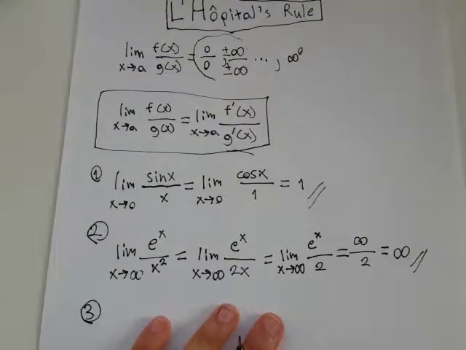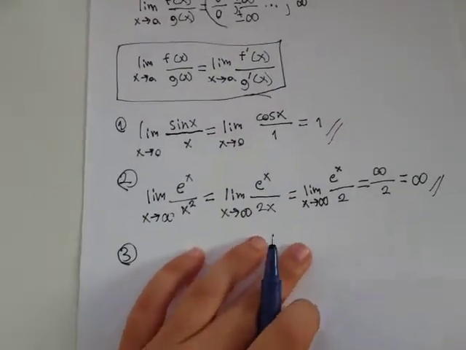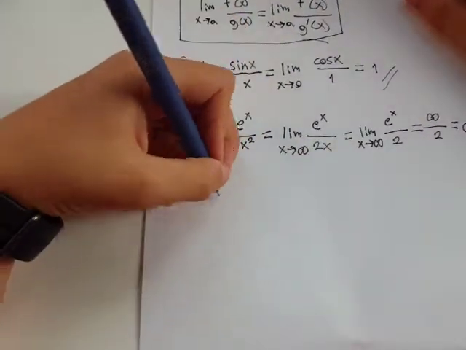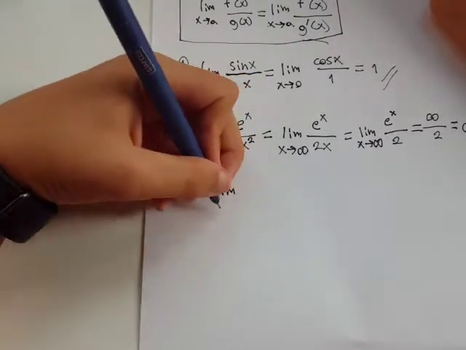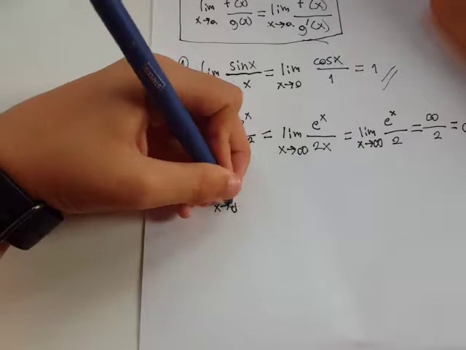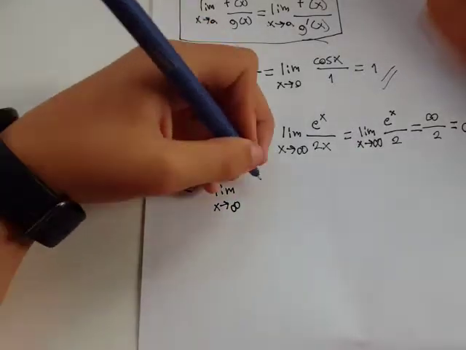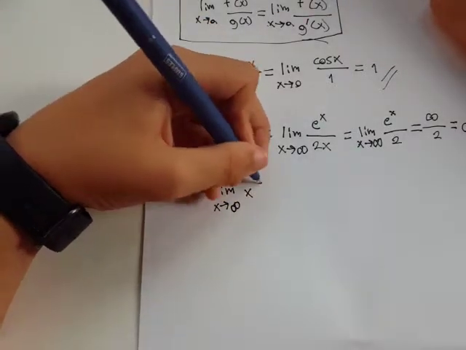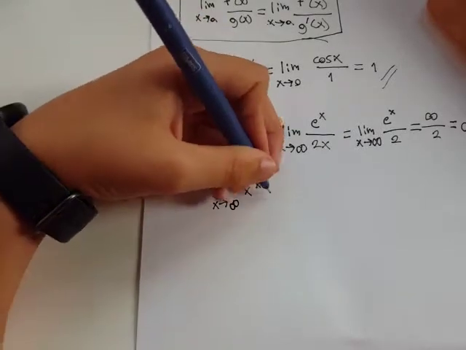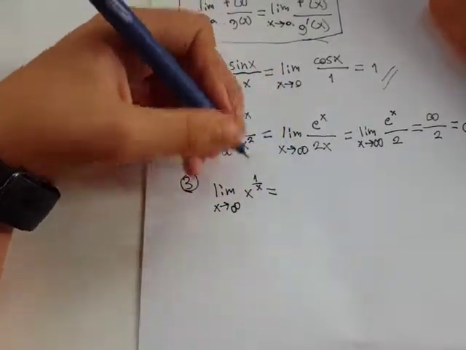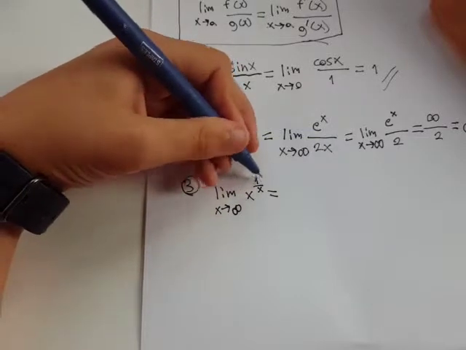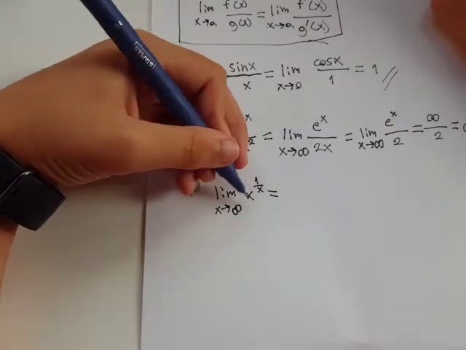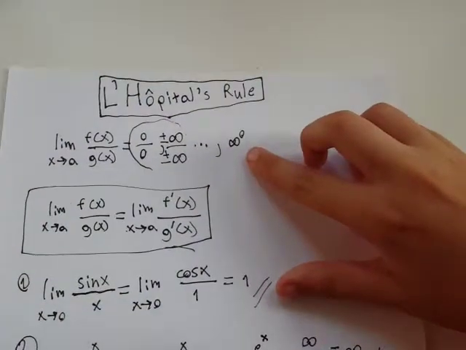So we can use L'Hopital's rule again, but a bit differently. Our limit is the limit as x approaches infinity of x to the power of 1 over x. You can see that as x approaches infinity, the power becomes 0 and the base becomes infinity. So it's this form.